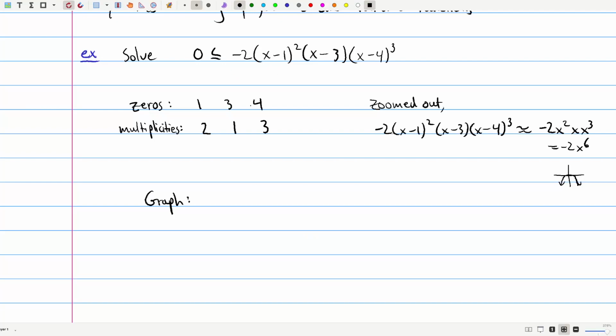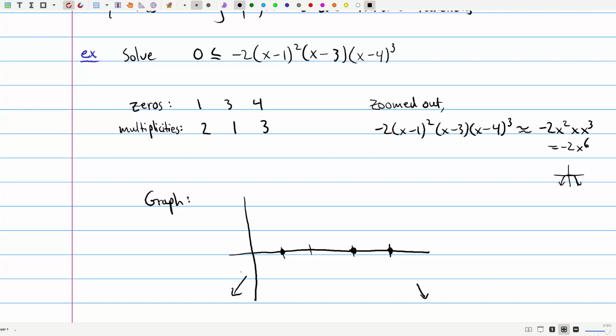We know that 1, 3, and 4 are zeros. Those are the interesting places. So 1, 2, 3, 4. At 1, 3, and 4 we have zeros. And we know the zoomed out behavior. So once we get far enough away from these zeros, we know it's going to be going downwards.